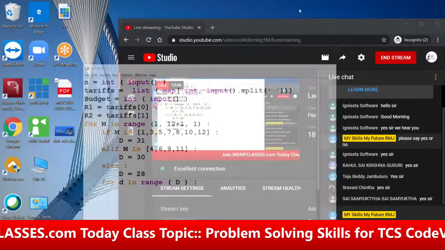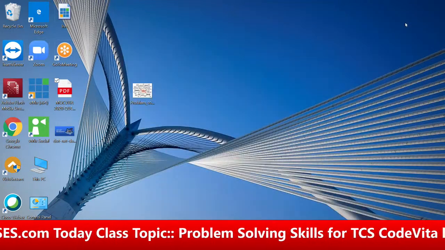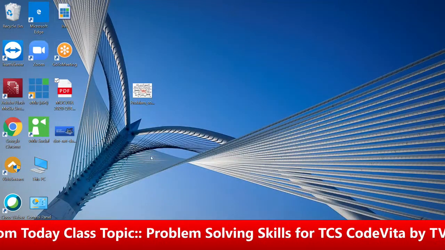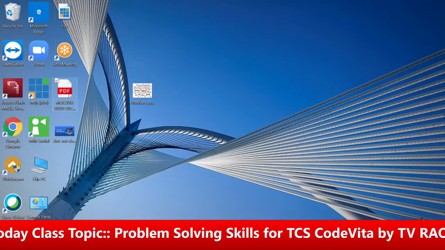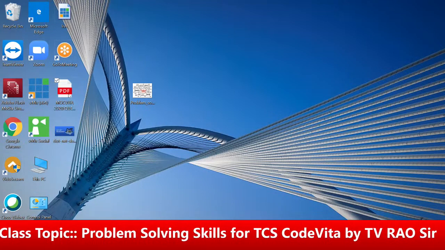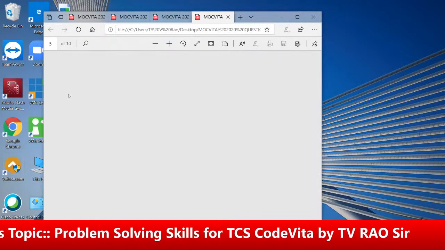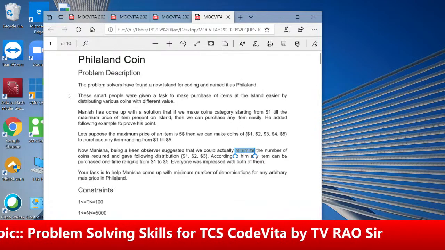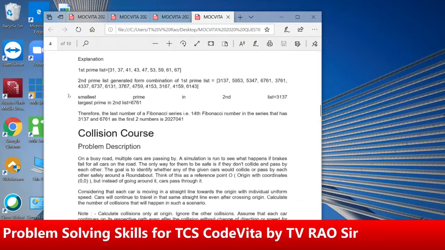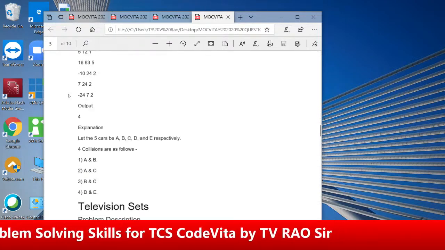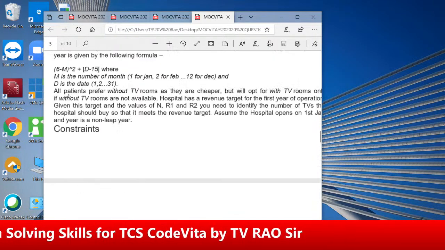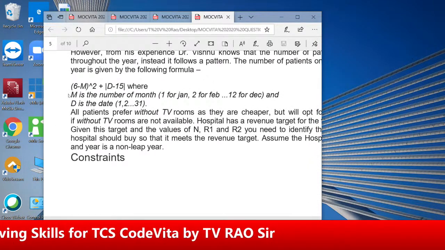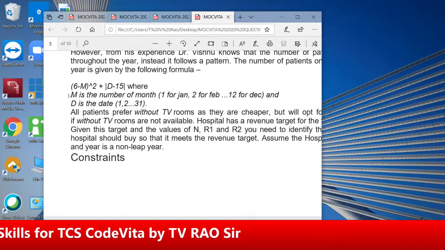The expression is six minus month square plus absolute value of d minus 15.